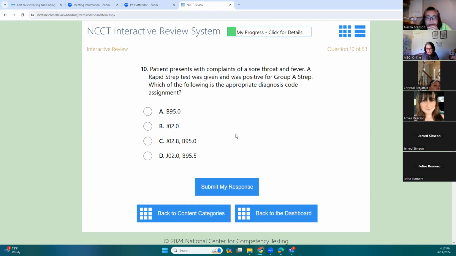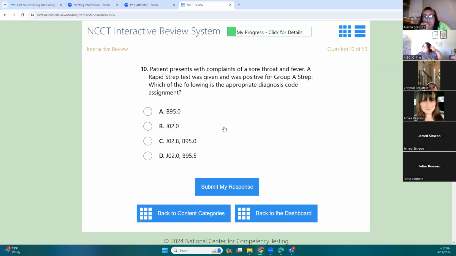So that is why. Now B95.0, I just want to see what the difference is, Miss Crystal. It just says Streptococcus group A as the cause of the disease classified elsewhere.